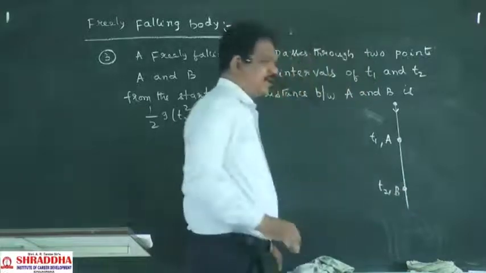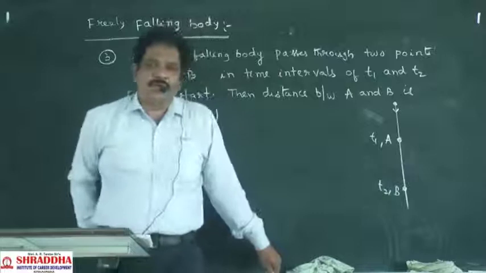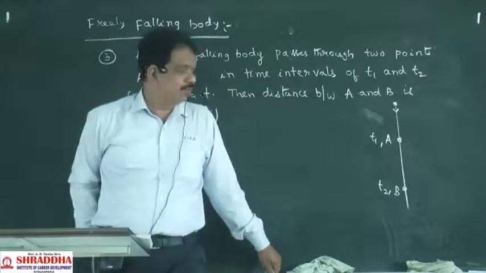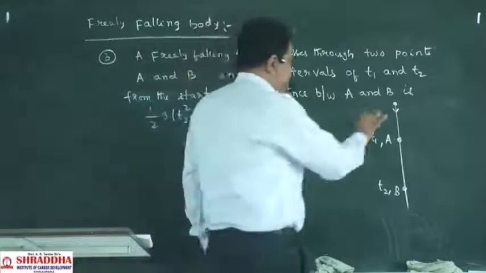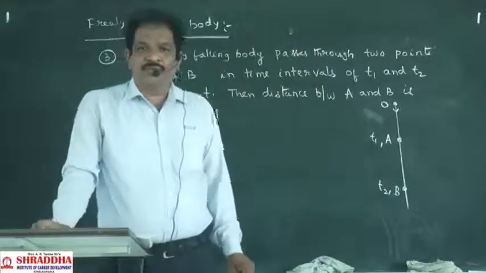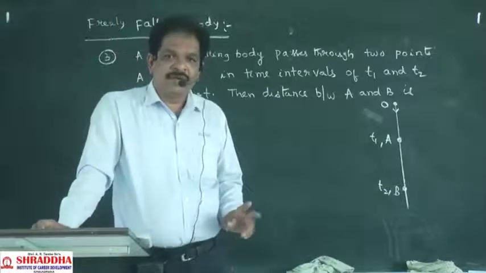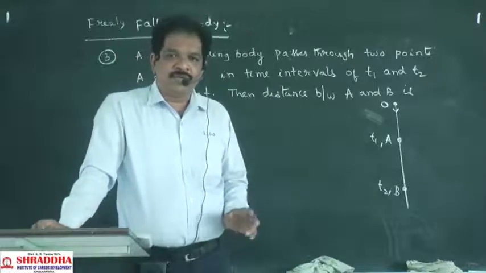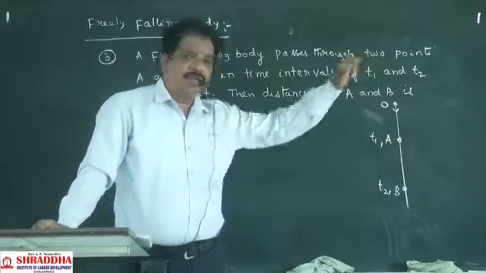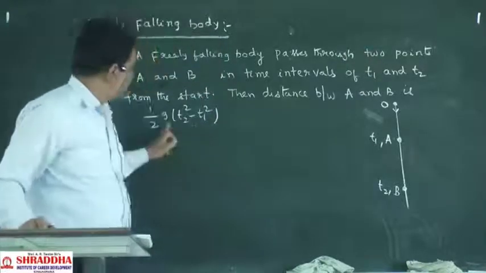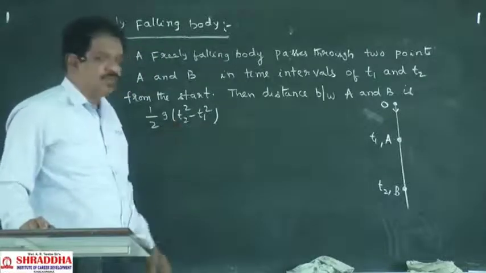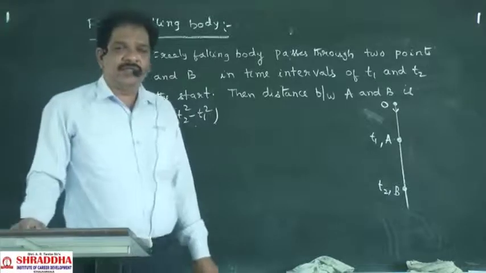From the starting point, let it be O, to come to the point B, it took a time T2. So from O to A, how much time? T1. From O to B, how much time? T2. Then the distance between A and B is how much? That value will be 1/2 g into (T2 square minus T1 square).